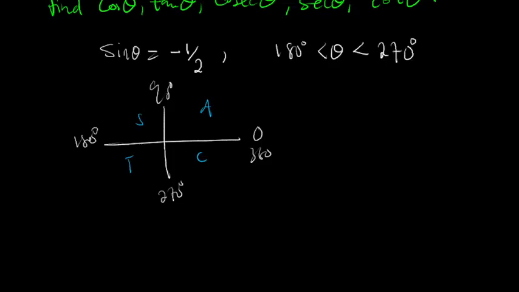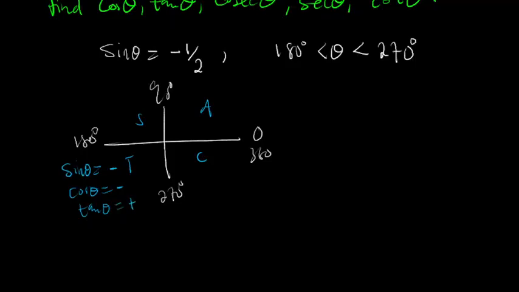So in the third quadrant now, we're told that sine theta is negative, cos theta is also negative, and tan theta is positive.